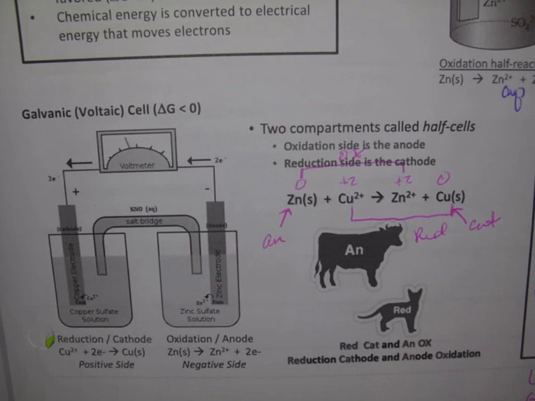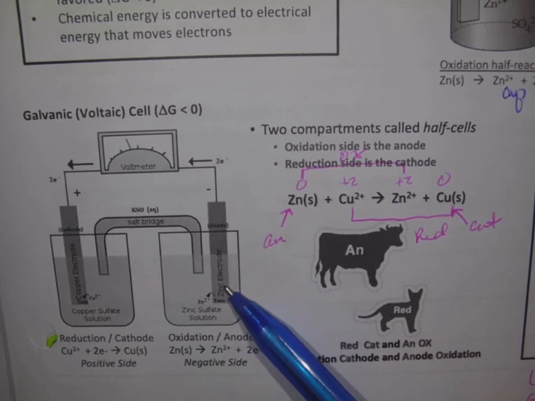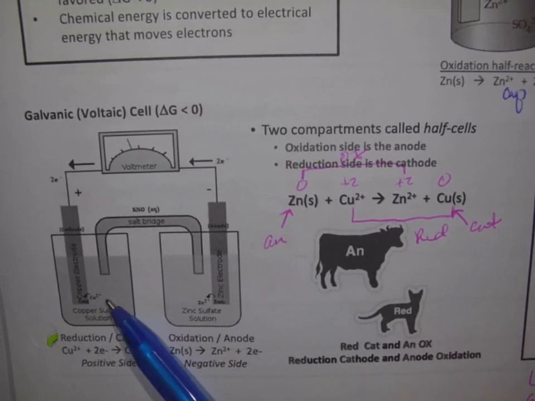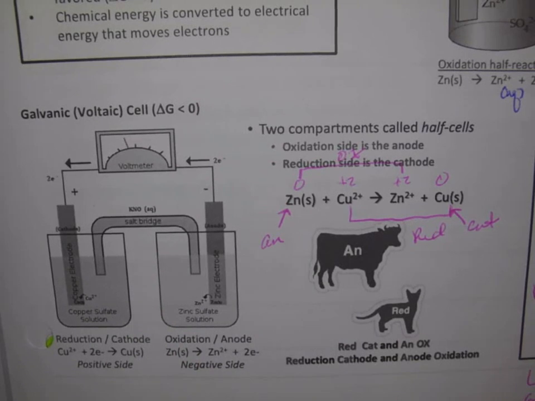When we get to a point that we have used up ions, or we've run out of metal for the anode or we've run out of ions for the cathode, then delta G becomes positive. The reaction stops. Okay, cool.